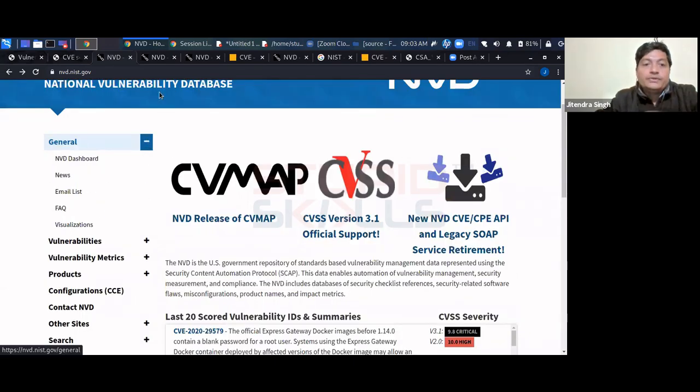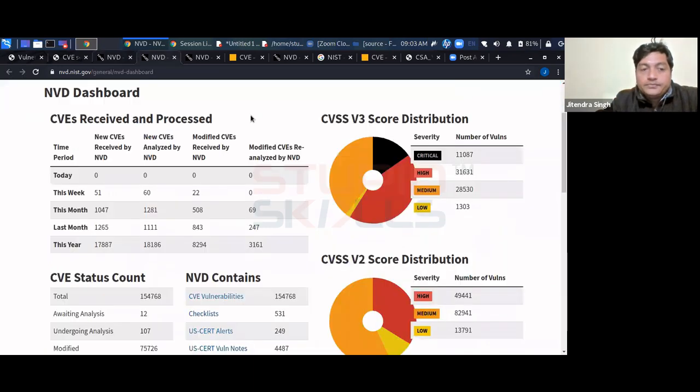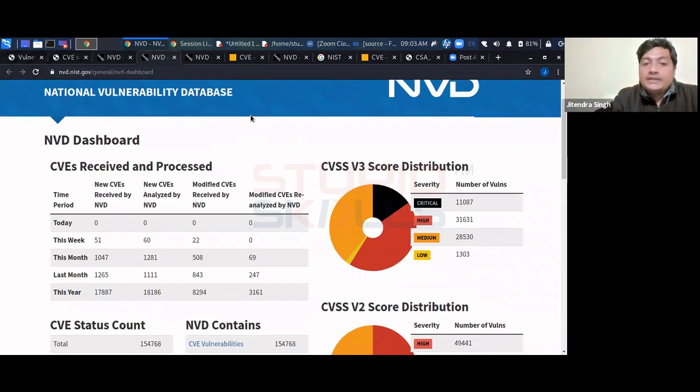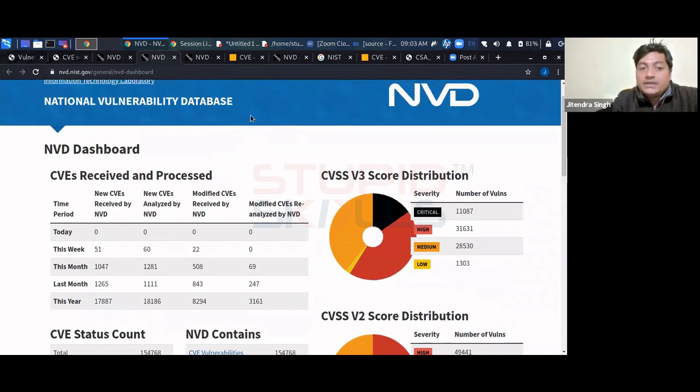Then there is a dashboard which you can go and have a look at. So if there are CVEs that have been received and processed, you would see that today none, and this week new CVEs received 51, and this kind of statistics.